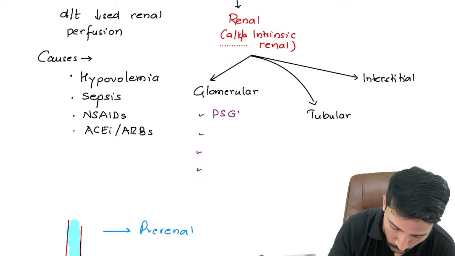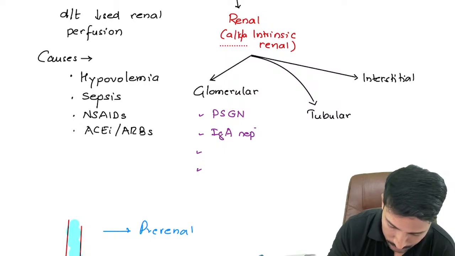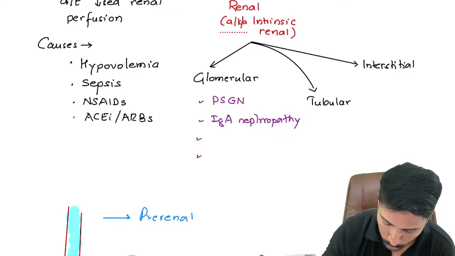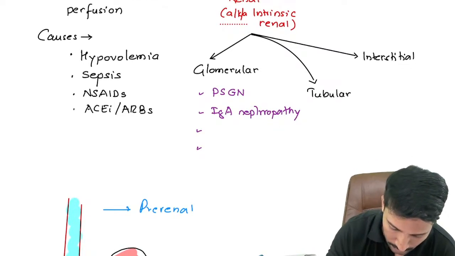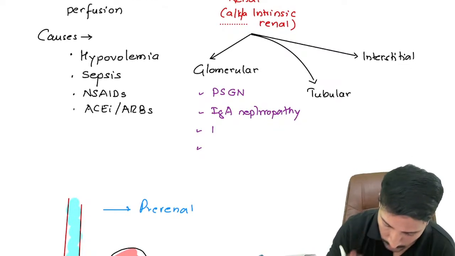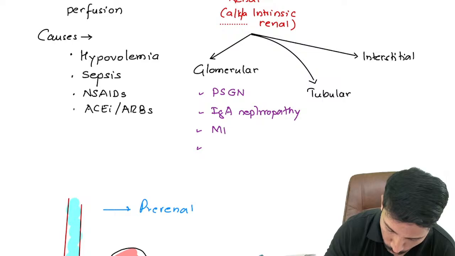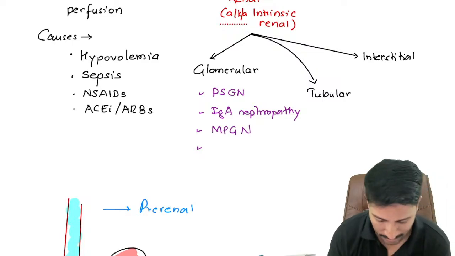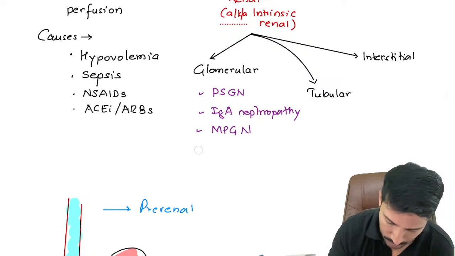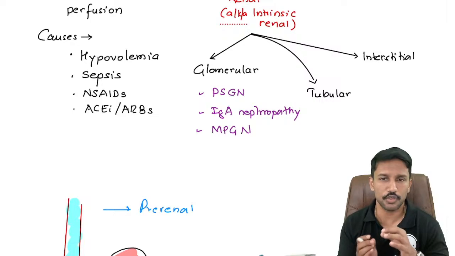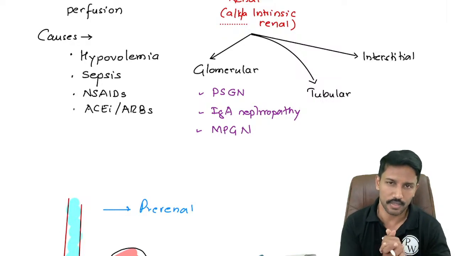Post-streptococcal glomerulonephritis, IgA nephropathy, then membranoproliferative glomerulonephritis. Just a few examples. These are all glomerular disorders which are going to present with acute kidney injury, right?